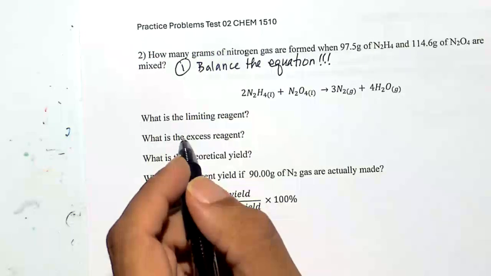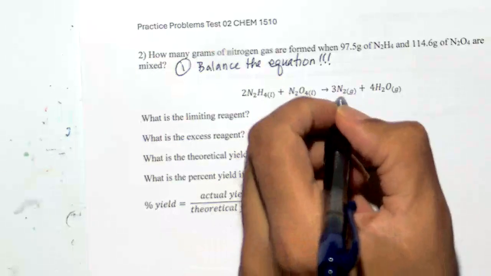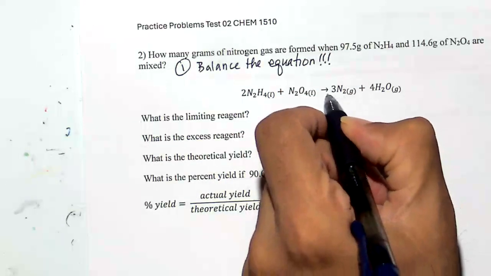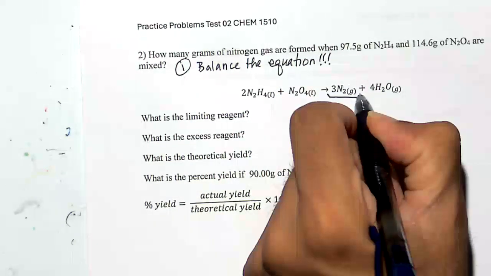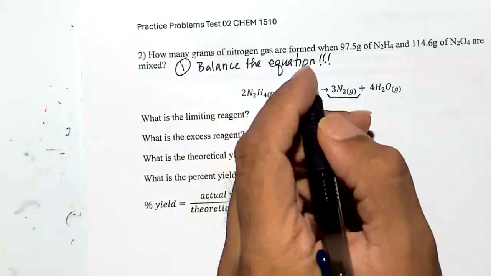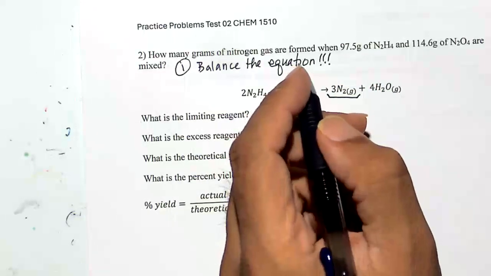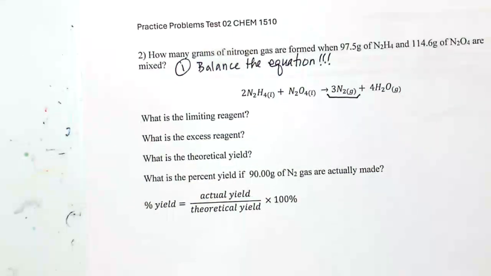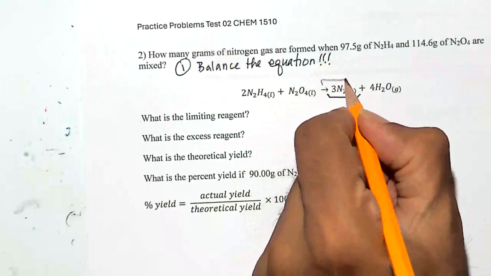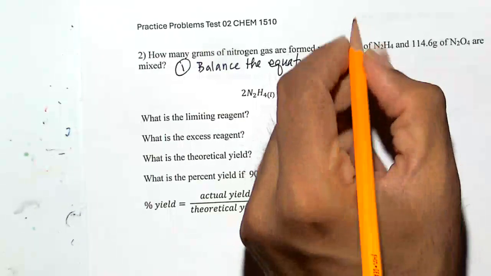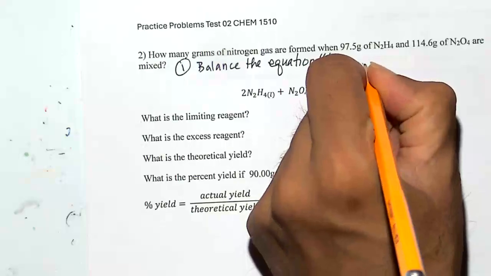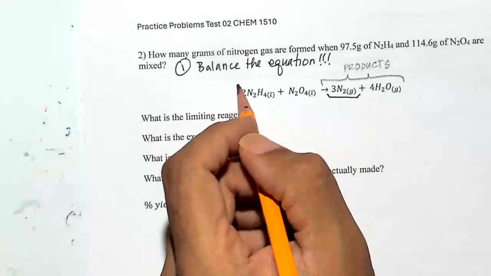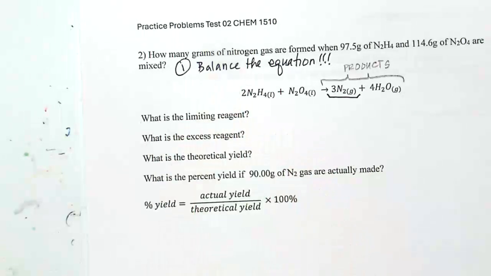So what's the limiting reagent? Which do you want to look up? N2 gas or water? We can do water or N2 gas, it doesn't matter. So I will determine the amount of N2 gas as the product. Remember, these two here are our products, and these two here are our reactants.